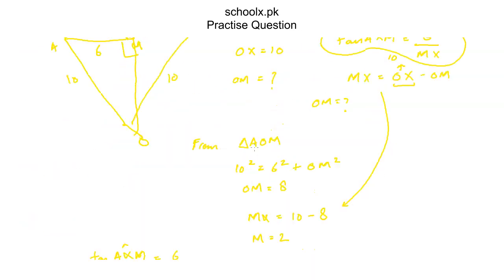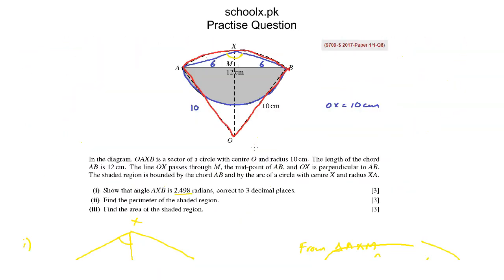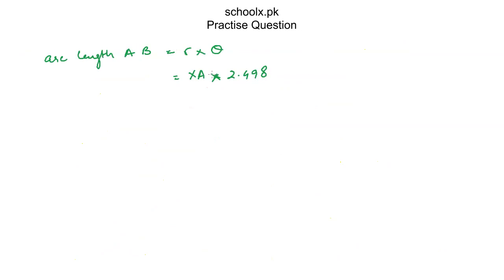XA is this side. Now, if we draw the triangle XAM, this is 6, this is 2, we found this in the previous part. We need to find this XA, which is actually the radius R of the arc. So from this, I can find R squared equals 6 squared plus 2 squared.